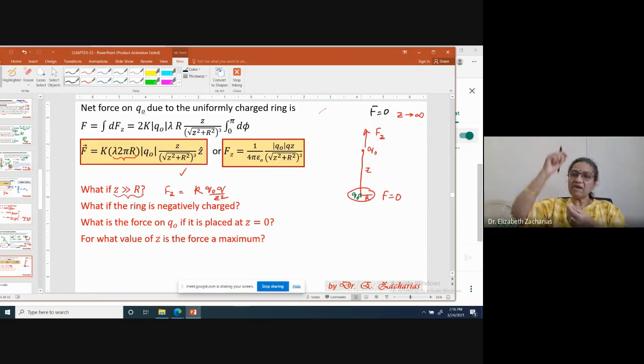So I'm having 2 points where the force is 0, one at z equal to 0, the other when z tends to infinity. So somewhere between them, there is a point where this force is a maximum. Did you understand my logic, guys? At z equal to 0, it's 0. At infinity, it is 0. So somewhere between these two, there is a point where the force is a maximum. Can you locate that point?